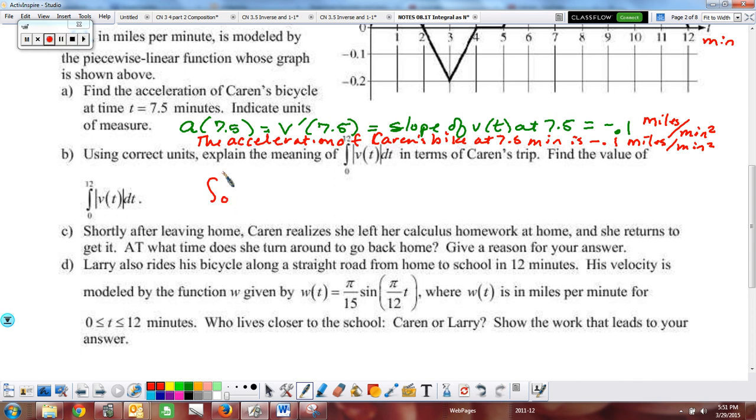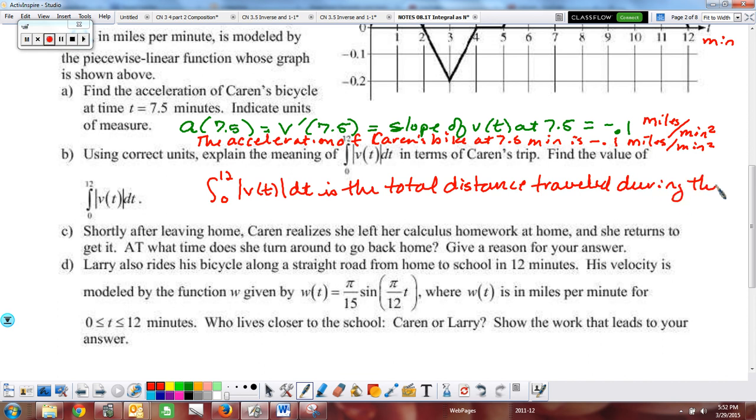So the integral from 0 to 12 of absolute value v of t dt is the total distance traveled during the trip.